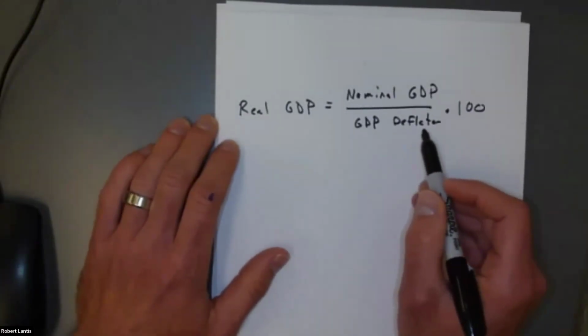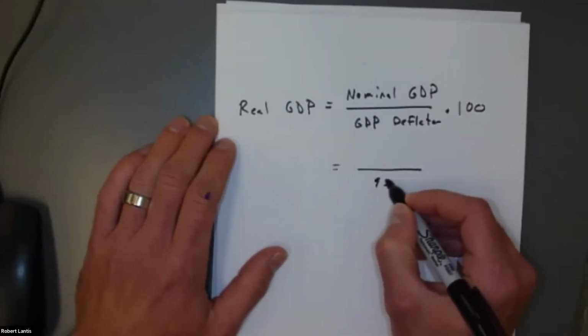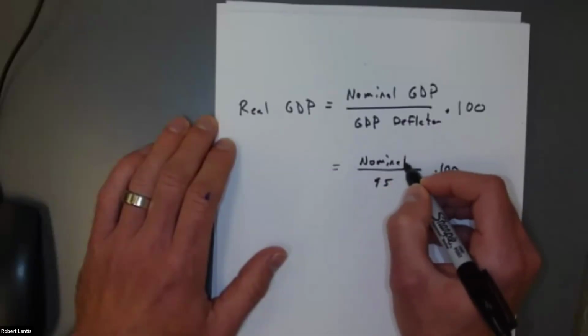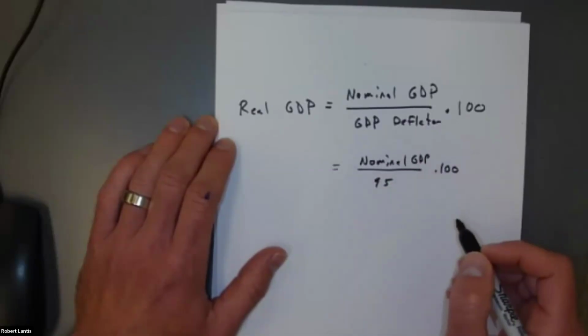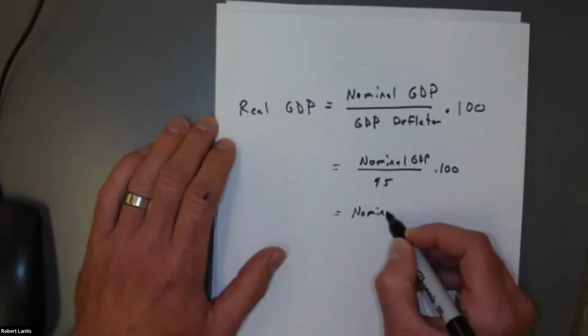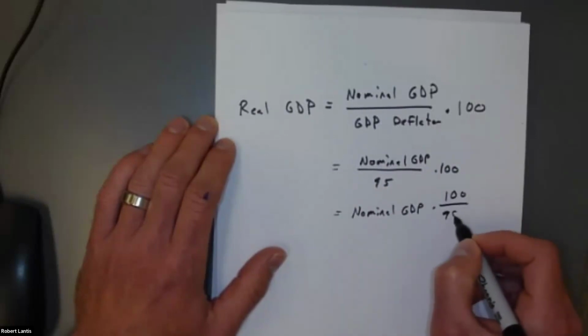So anytime my GDP deflator is less than 100, in this case, we said it was 95, even if we don't know what our nominal GDP was, right? Here, essentially, we can think about my nominal GDP is getting multiplied by 100 over 95.